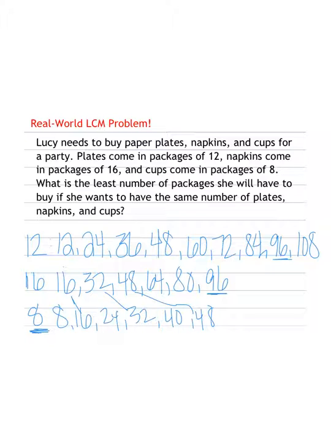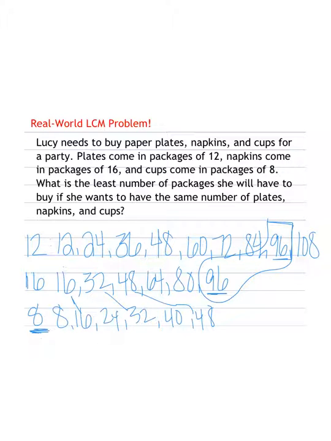So they're all going to match up. So if 96 is a multiple of 16, it also means it's a multiple of 8. So 96 of each is what she needs to get. So she'll have 96 plates, napkins, and cups of each.